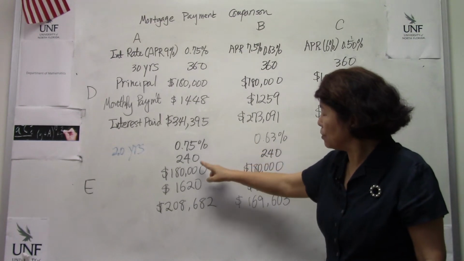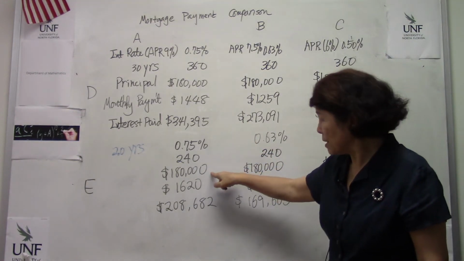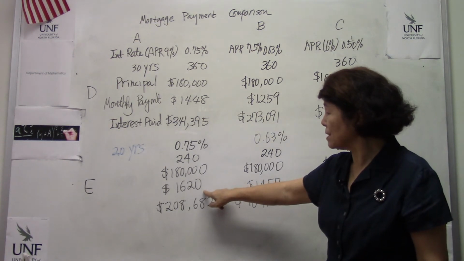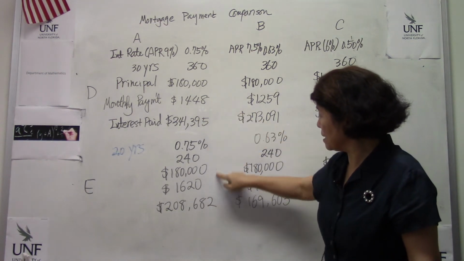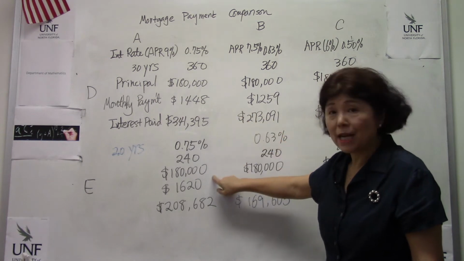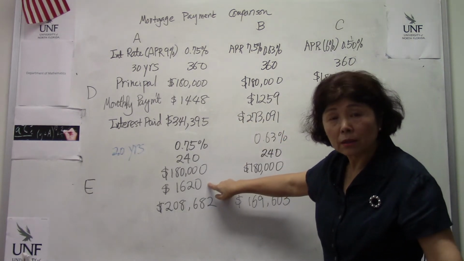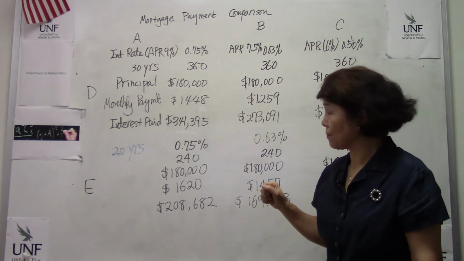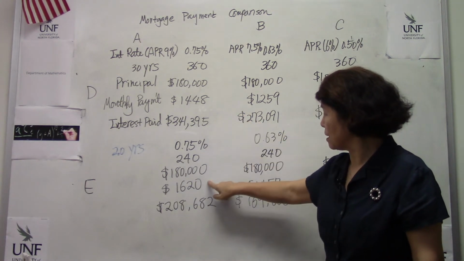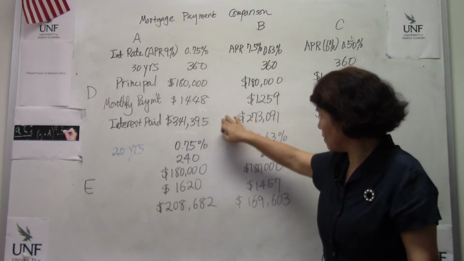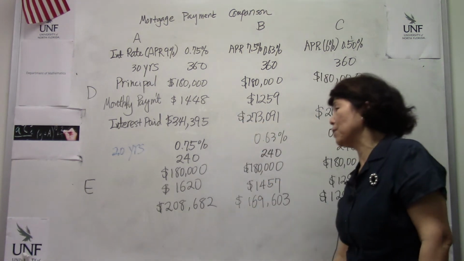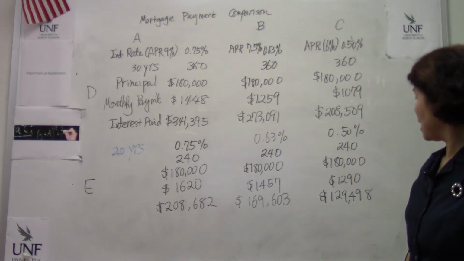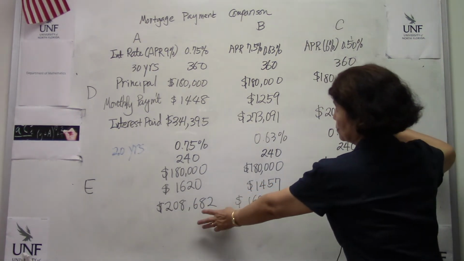You make 240 payments, same principal, and what is your monthly payment? $1,620. Yes, more than this, about $180 more, but you can cut your responsibility by 10 years. You can finish 10 years early, but monthly is about $180 more. Here, the interest you pay is $208,000. So it's pretty close to over here.